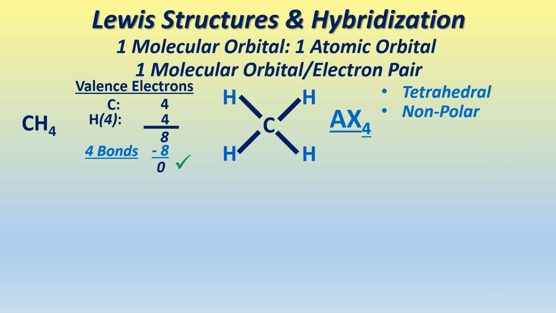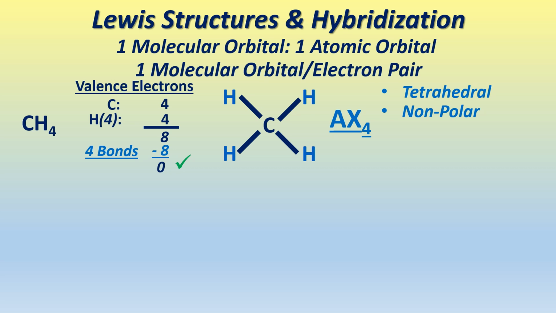The clue as to how many molecular orbitals I need is in the naming. It is AX4, which means that you need 4 molecular orbitals from 4 atomic orbitals. At this point, for review, the atomic orbitals come from the quantum numbers. If L is 0, m sub L can only be 0, meaning there's a single s orbital. For L is 1, m sub L goes from -1 to +1, which means there are 3 p orbitals.